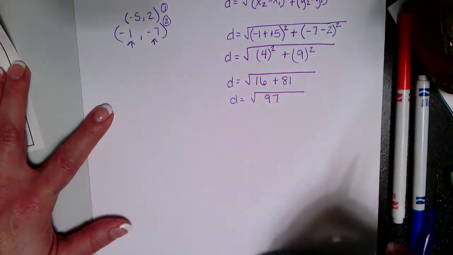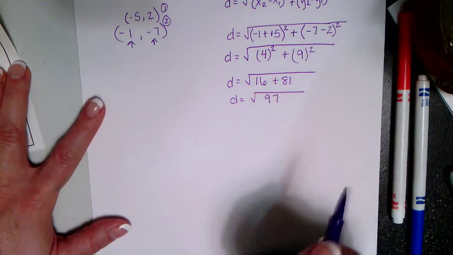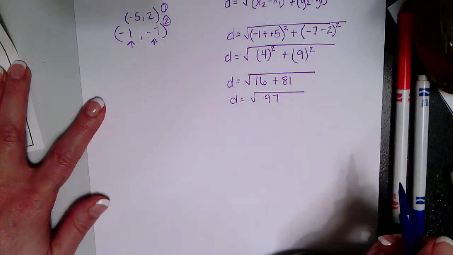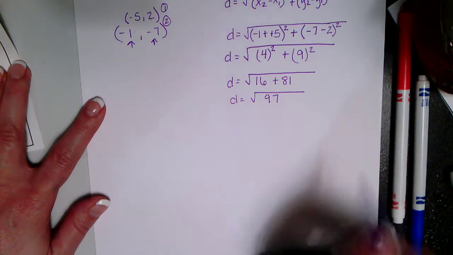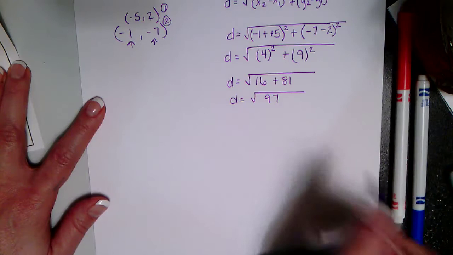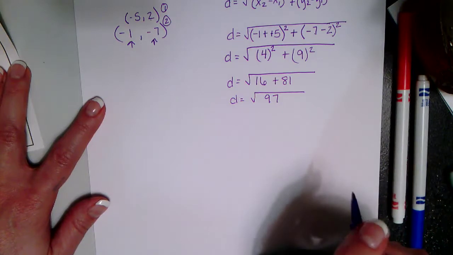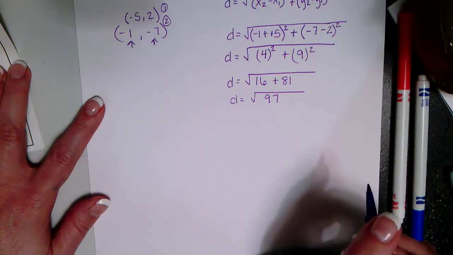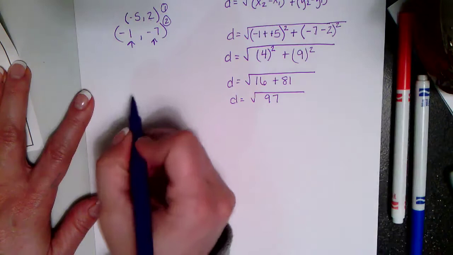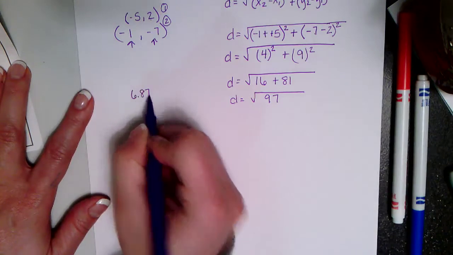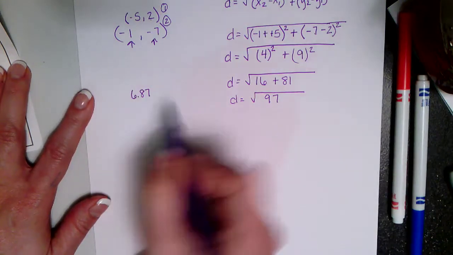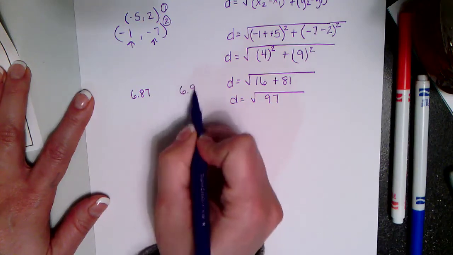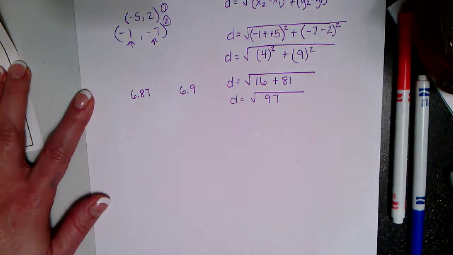For this problem, we could just leave it as the square root of 97, or you could put it in your calculator and round. However, if we're talking about needing congruent sides, remember congruent means exactly the same size, exactly the same shape. So even if I was to round, and say at some point you got like 6.87, and then you had another square root, and you had 6.9, those are not congruent, okay?